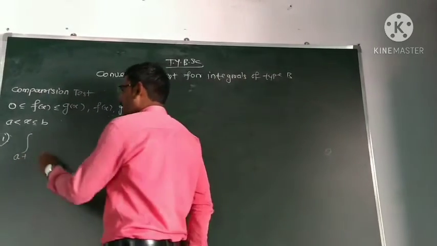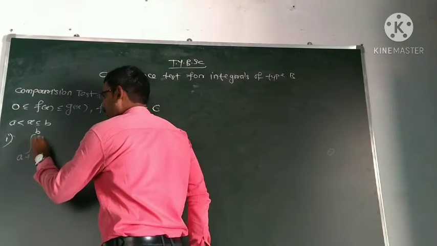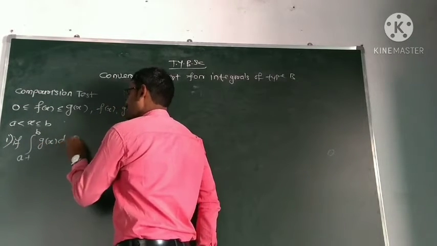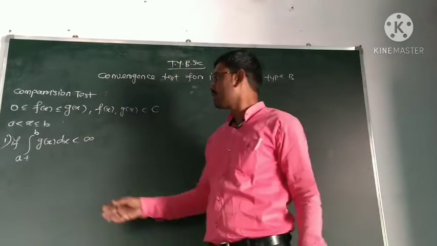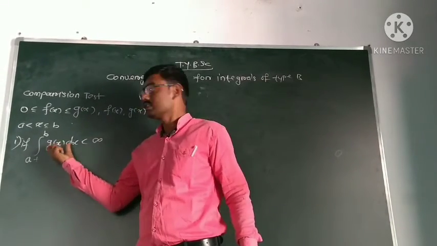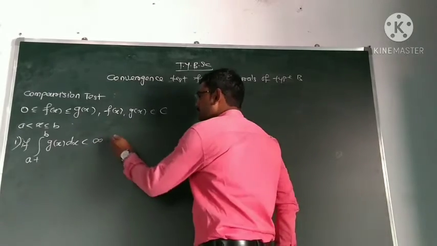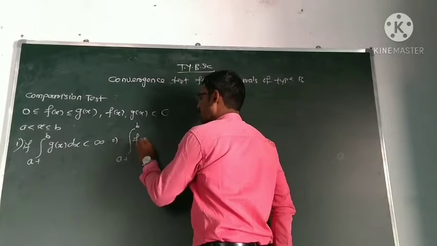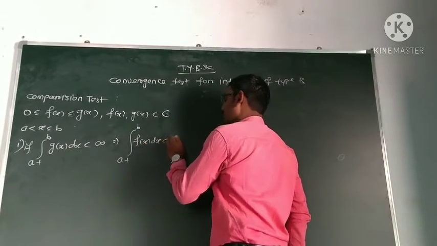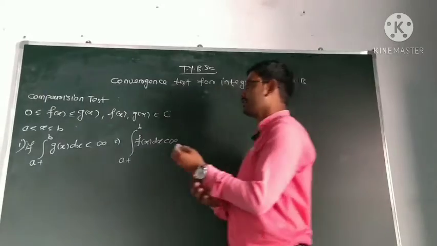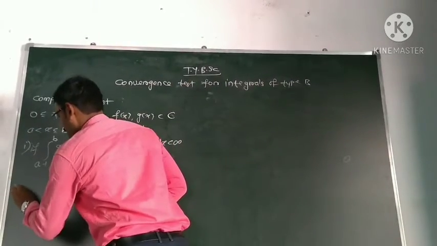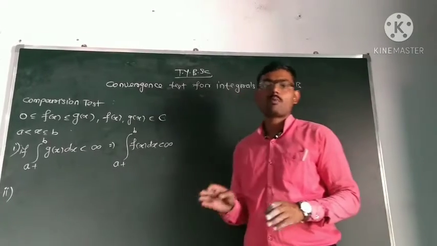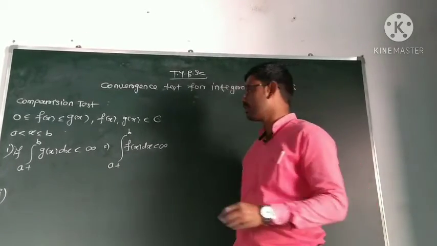So the integral from a plus to b of g of x, if this integral is convergent, that is, the improper integral of the bigger function is convergent, then the improper integral of the smaller function is also convergent. And the second part: if the improper integral of the smaller function is divergent, then the improper integral of the bigger function is also divergent.